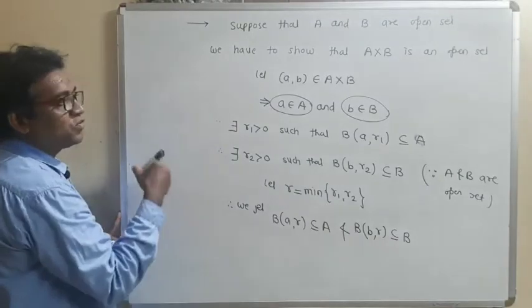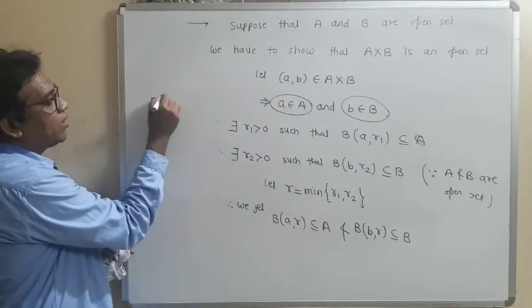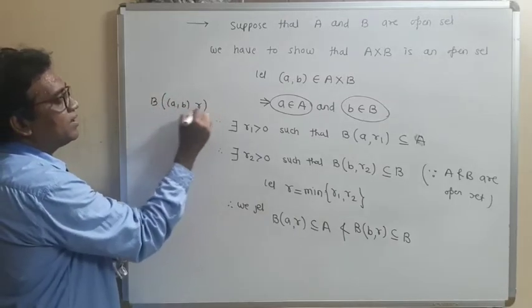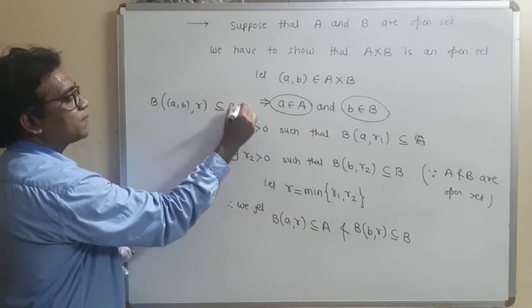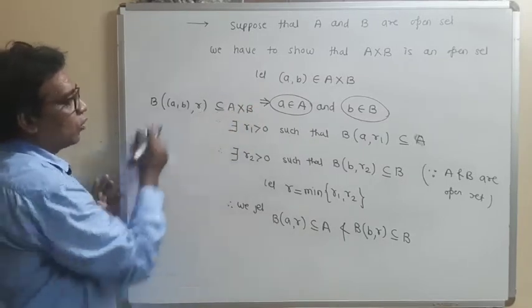So what is our claim? Our claim is to find the open sphere B with center at (a, b) and radius r, and show that it is a subset of A cross B. Then and only then can we say that this is an open set.